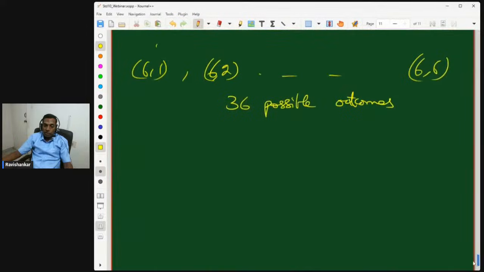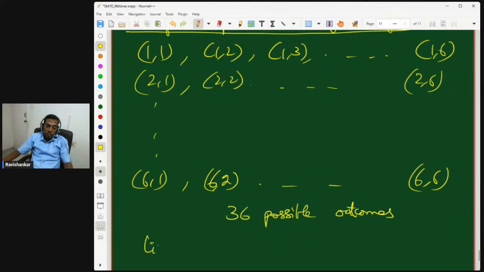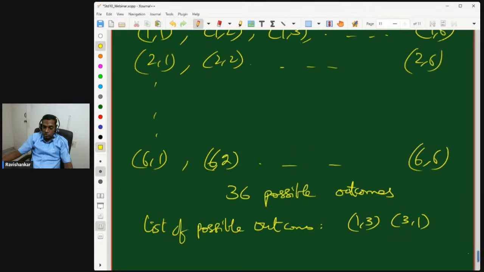Okay, now for question 8, we have quite a few people who have answered. Okay, how do you find the cases where the difference is 2? Difference is 2 means the 2 numbers. So list of possible outcomes. So you can do 1, 3 and 3, 1. Difference is 2.